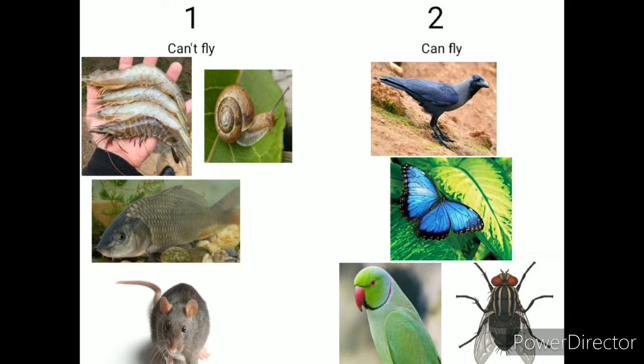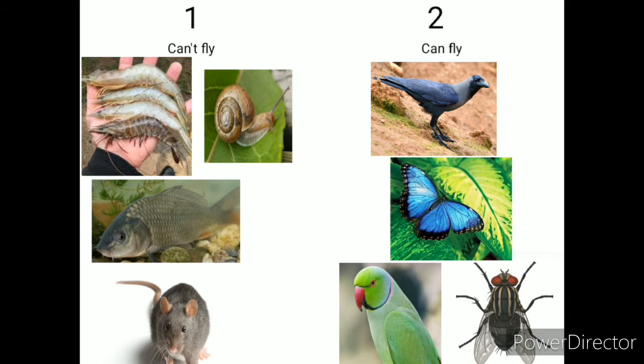Now observe the animals in group 1, such as prawn, snail, fish and rat. Can you classify these animals again into two groups?